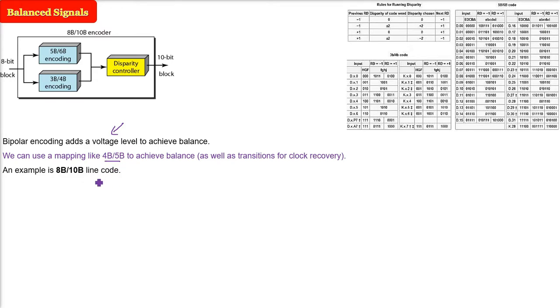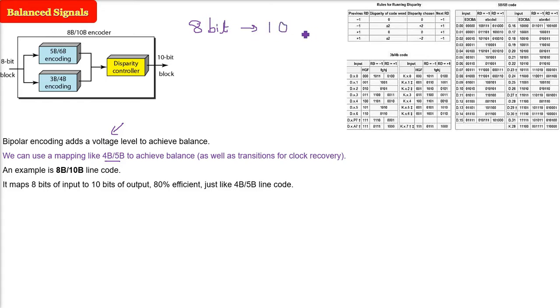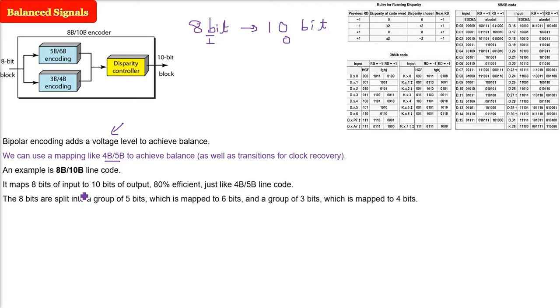So the 8B/10B line code, how does it work? In 8B/10B, the 8 bits of input are mapped to 10 bits of output. 8 bits is the input and 10 bits are the output. How does it work?